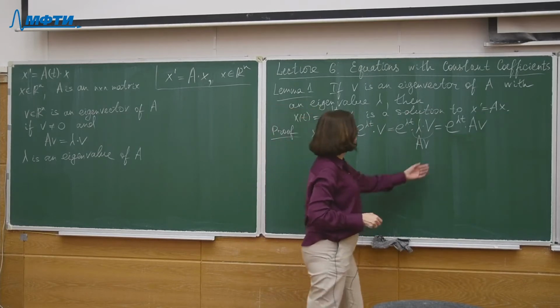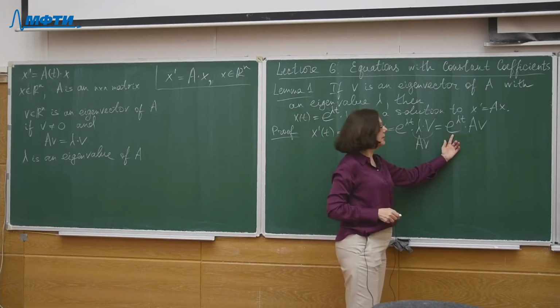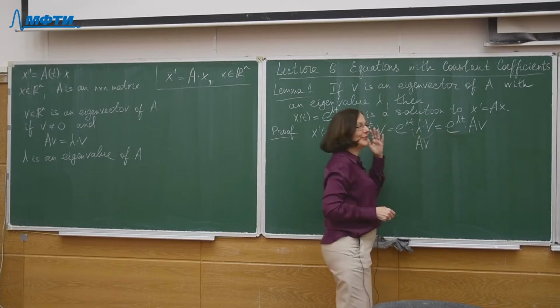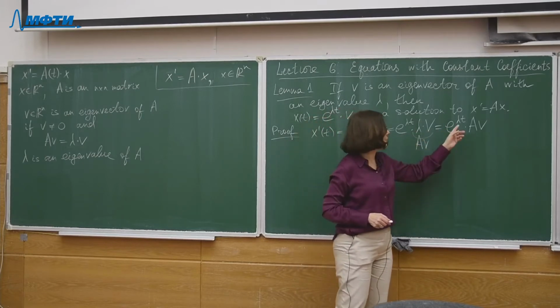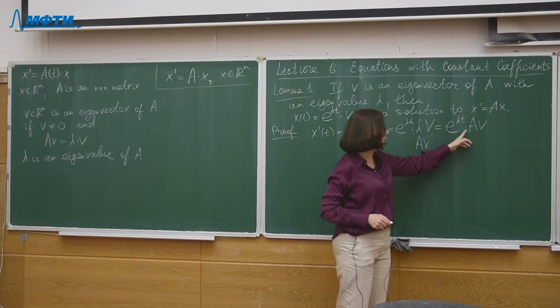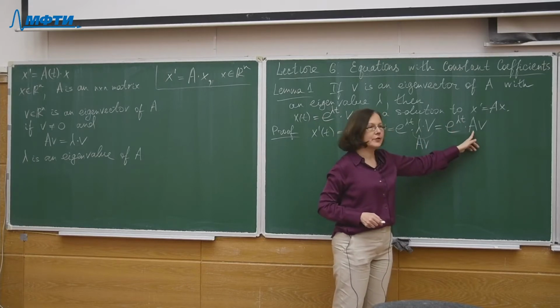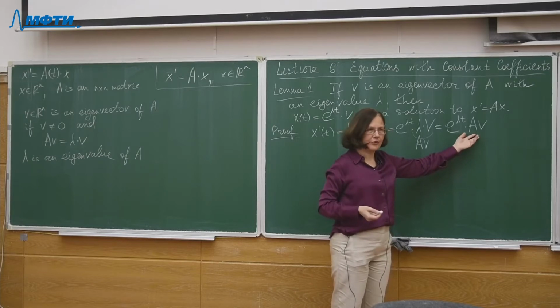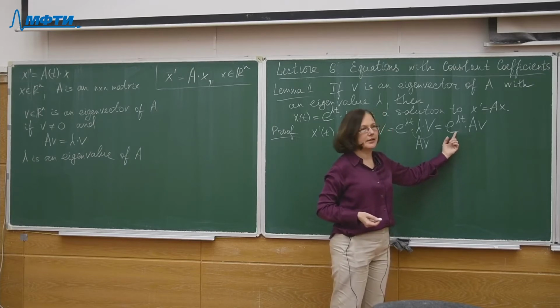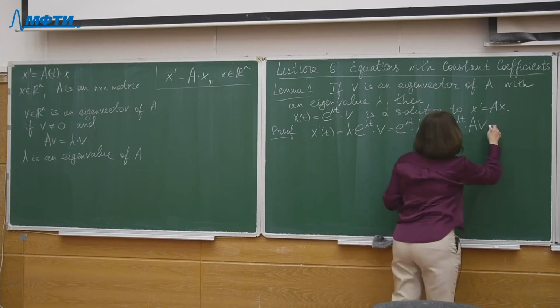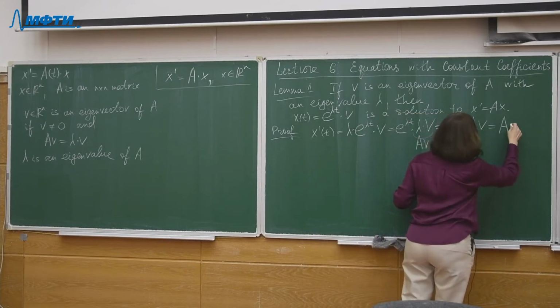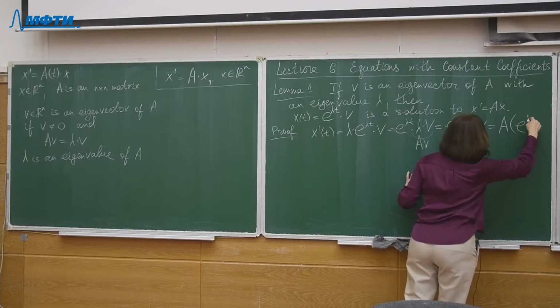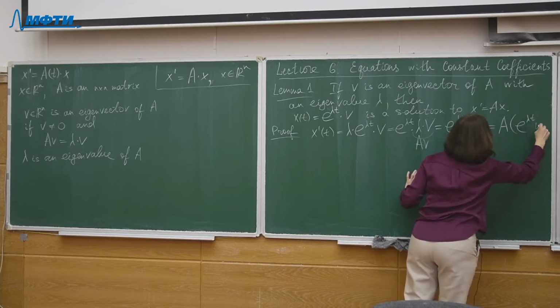Okay, now if we fix t, then e to the power lambda t is a constant multiplied by the matrix and the vector, and we can switch the matrix multiplication and multiplication by a scalar. It is equal to A times e to the lambda t v.